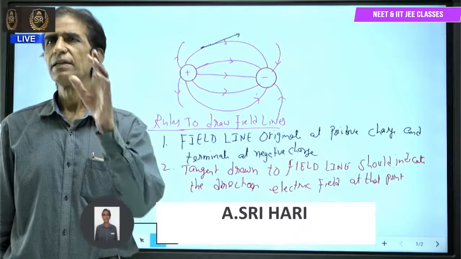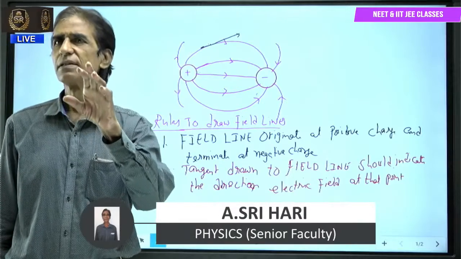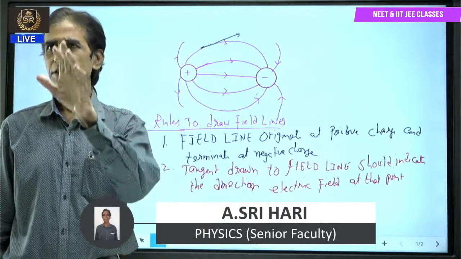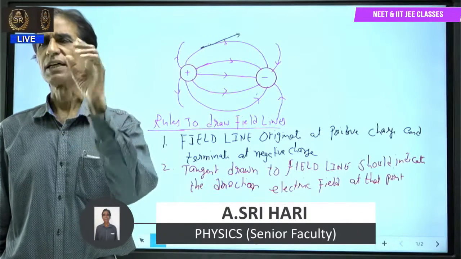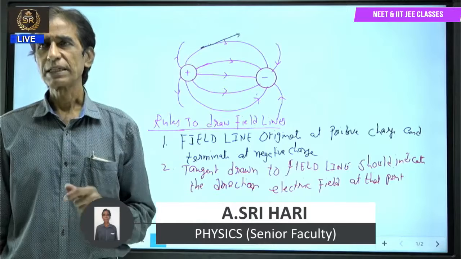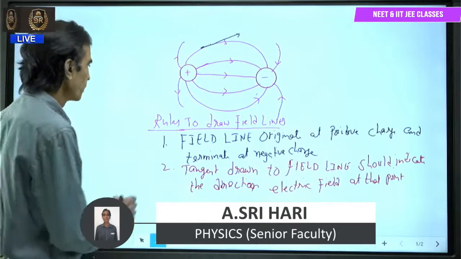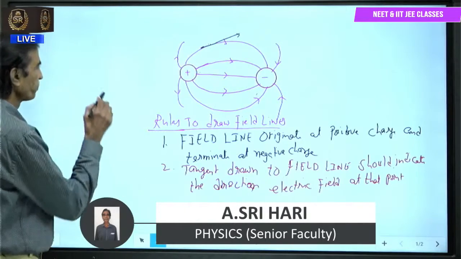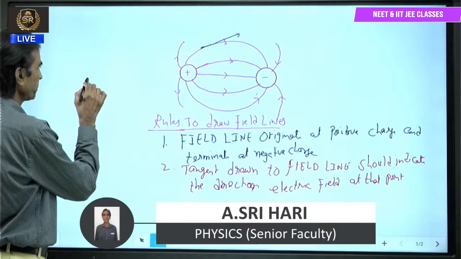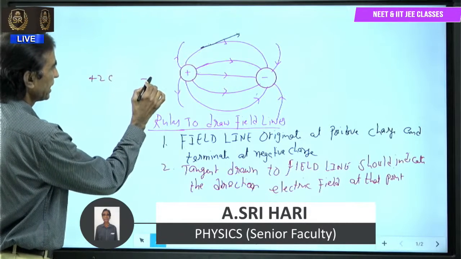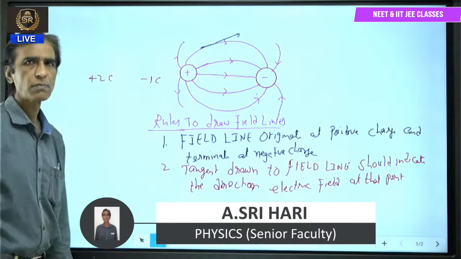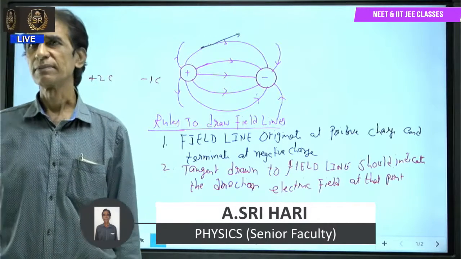Rule number 3: the number of lines drawn to a charge must be proportional to the magnitude of the charge. What does that mean? Suppose I have 2 charges. This is plus 2 coulomb. This is minus 1 coulomb. They are not equal.